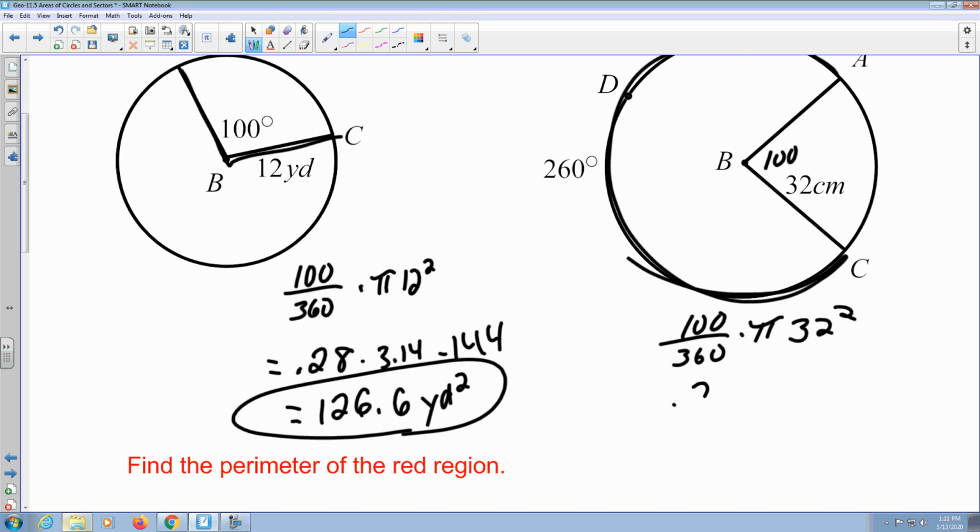So again, this is about 0.28 times 3.14 times 32 squared, which is 1024. So 1024 times 3.14 times 0.28. So that's about 900.3, and that was what? Square centimeters.